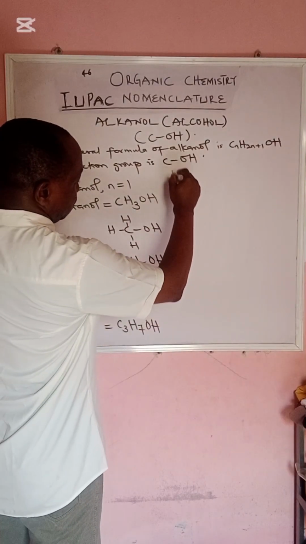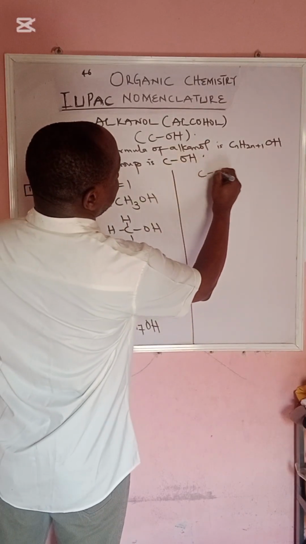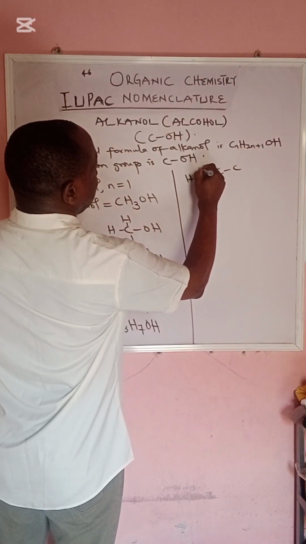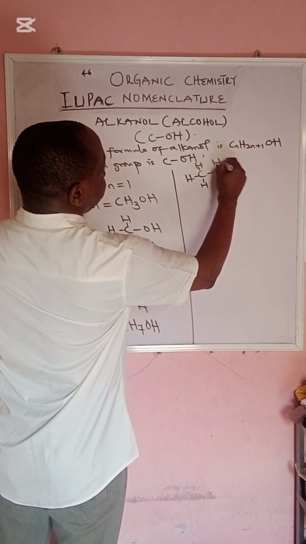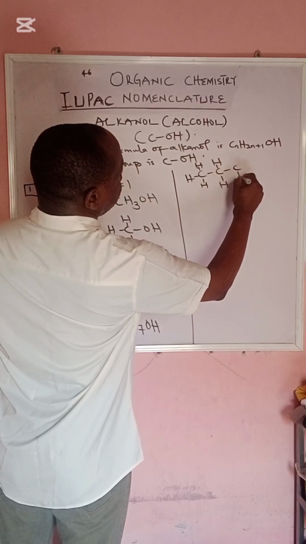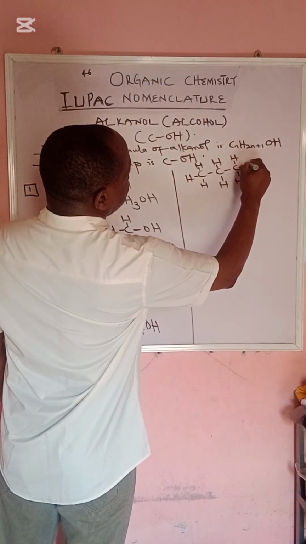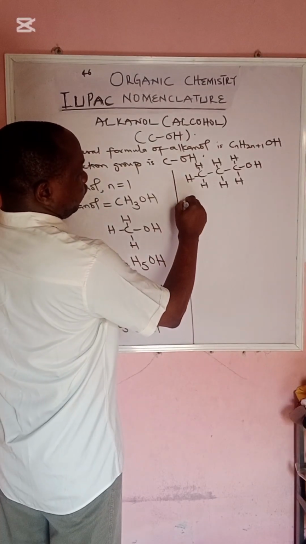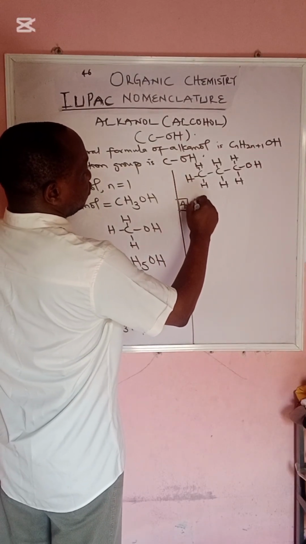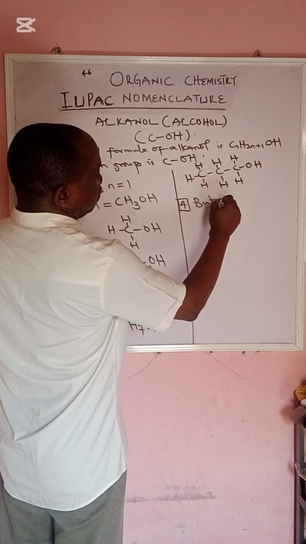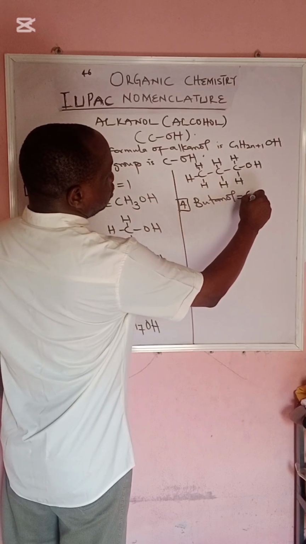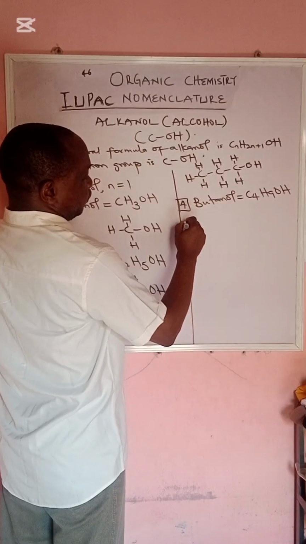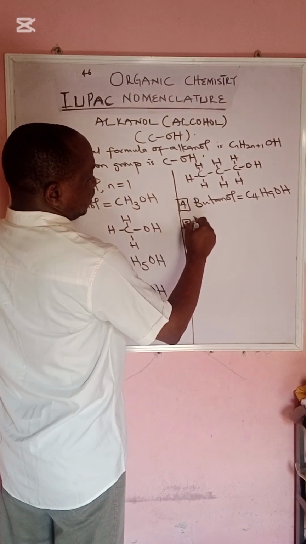If you want to draw it structurally, you draw 1, 2, 3, distribute hydrogen, then OH, and so on and so forth. 4. What's the formula for butanol? The molecular formula will be C4H9OH.